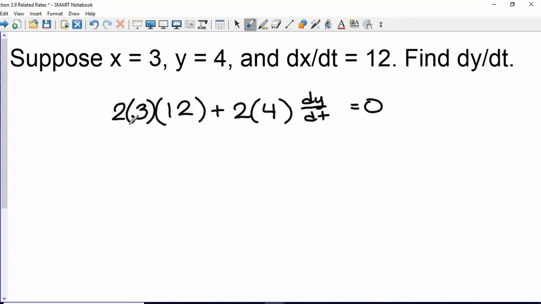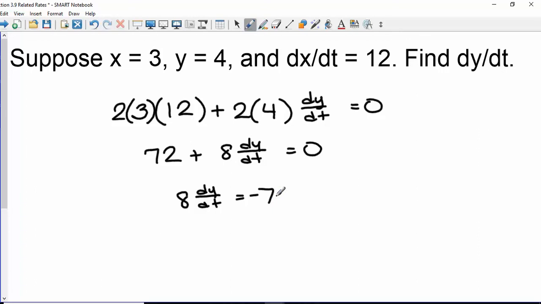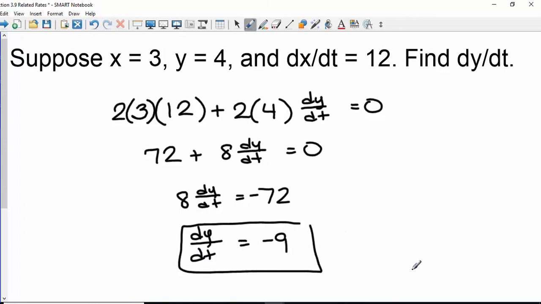So if we solve that, 6 times 12, so 72. So dy/dt is -9. I didn't give you any units here, so that would be all we could put.